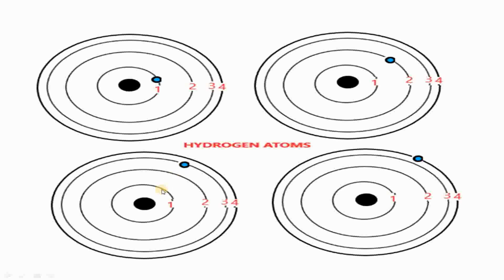The energy absorbed is equal to energy difference between the ground state and the second excited state. See the fourth hydrogen atom. It is in third excited state. This has absorbed energy equal to E3 equal to h nu 3, which is the energy difference between the ground state and the third excited state.